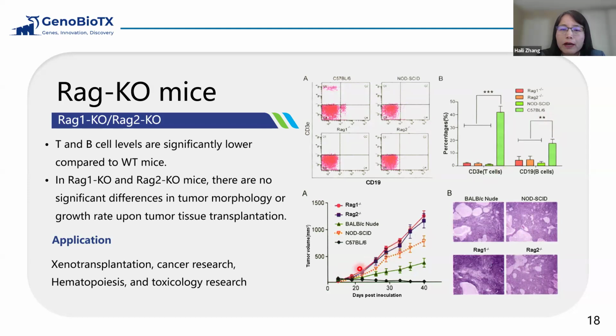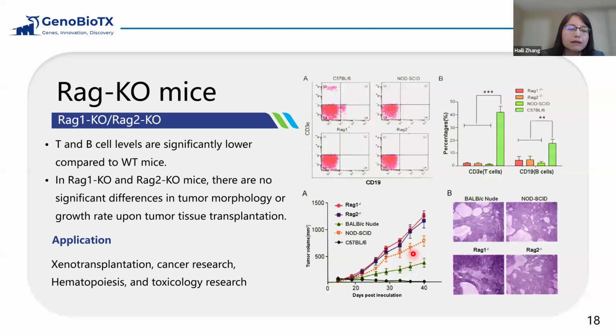on the lower right, we evaluated the engraftment tumor growth in these models. The data showed that the tumor growth was significantly rapid in both RAG1 knockout and RAG2 knockout mice.